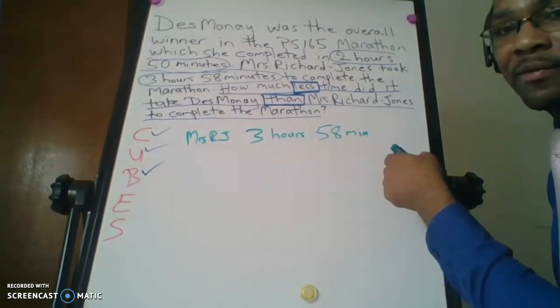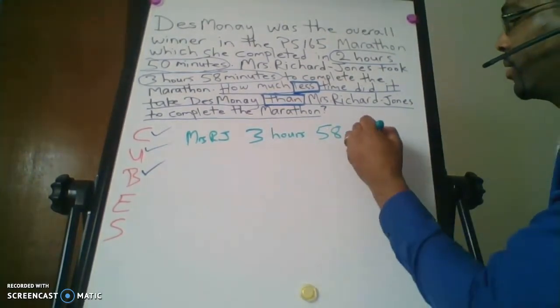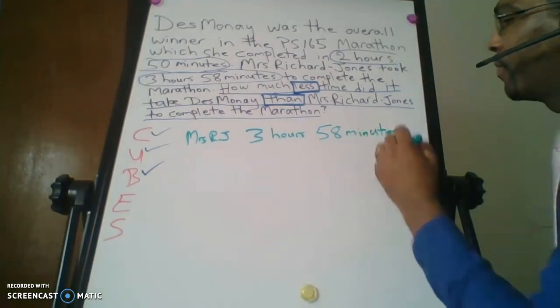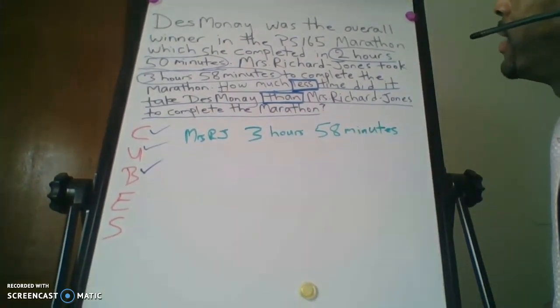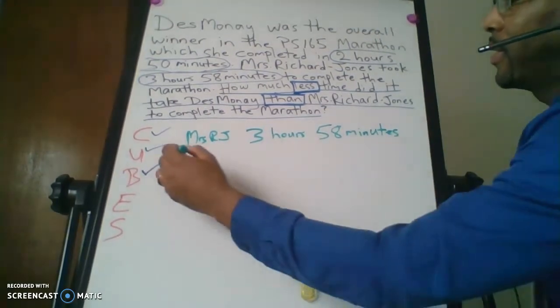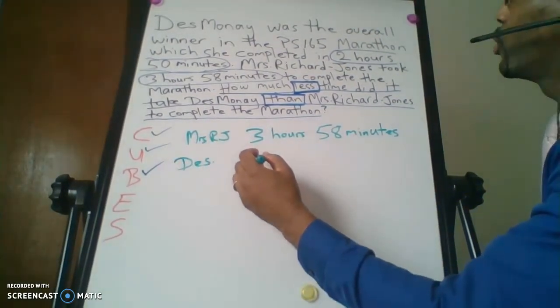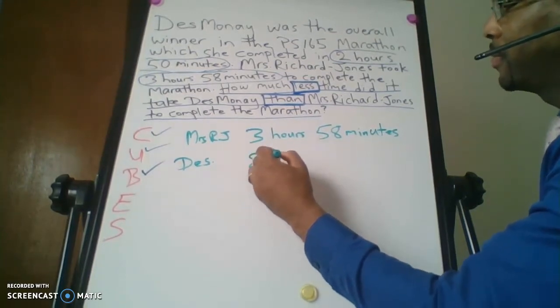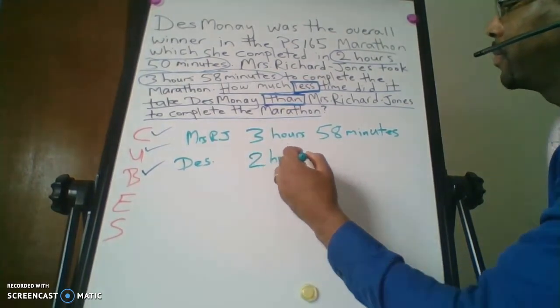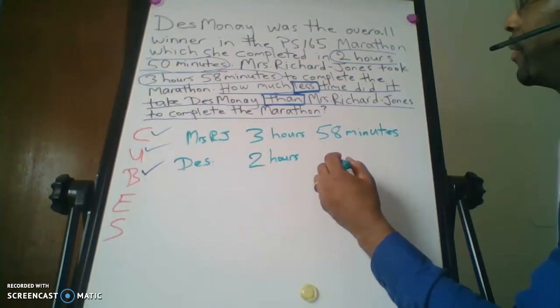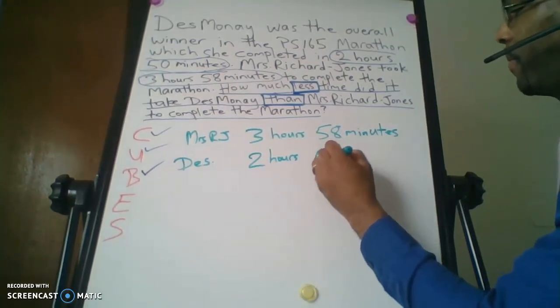I'm going to use MIN for minutes. And Desmond, DES for Desmond, took 2 hours and 50 minutes.